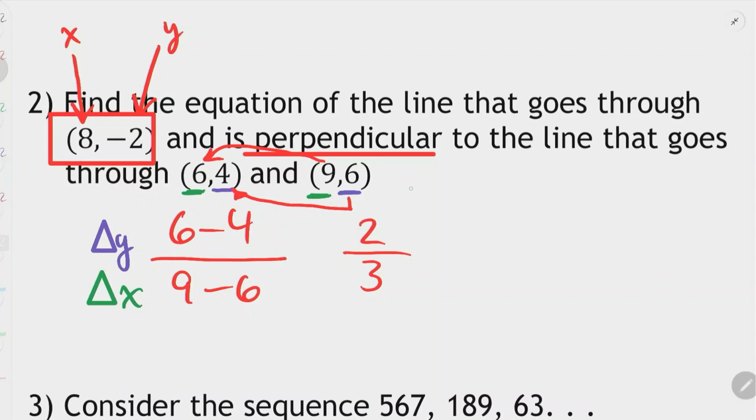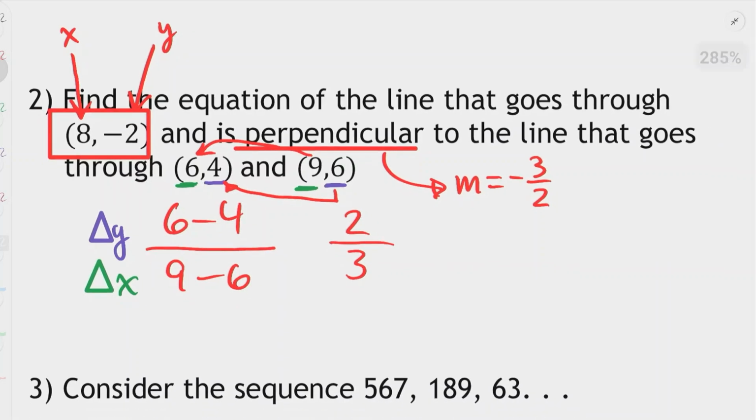But I don't want that slope, because I want a line that's perpendicular to it. So the slope I'm going to use is negative 3/2. Look at what I did: I had a positive 2/3, it became negative, and I took the reciprocal. Now all I have to do is ensure that it hits the point 8, negative 2.